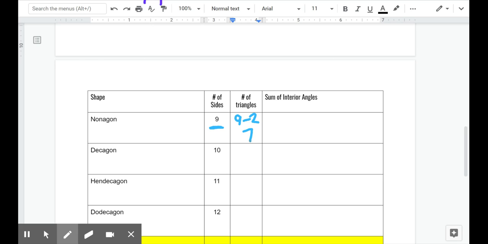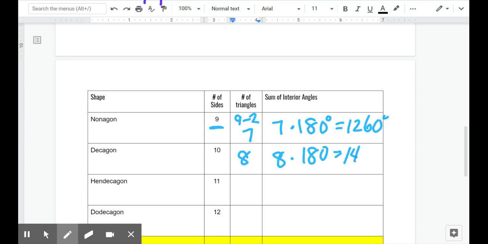And if there are 7 triangles, then I know that I have to multiply 180 by 7. And that gives me 1260. Okay, and we could keep going. Decagon has 10 sides. We're going to subtract 2. That gives me 8. So I would do 8 times 180, and that would give me 1440 degrees, and so on.